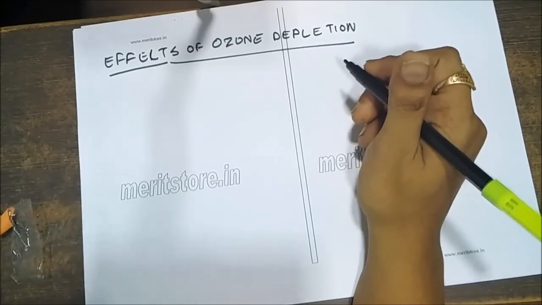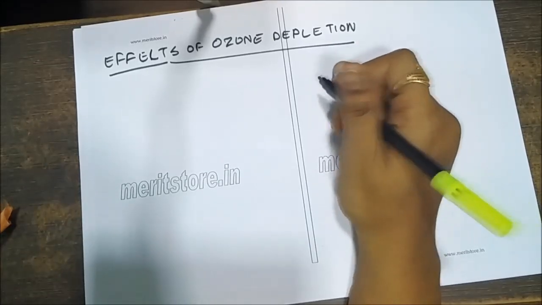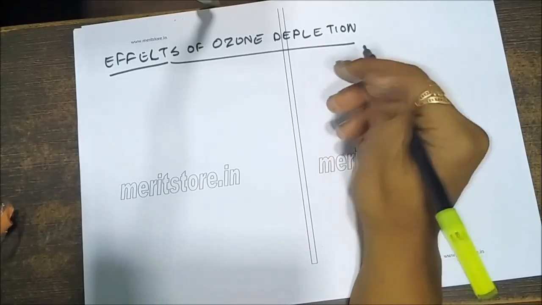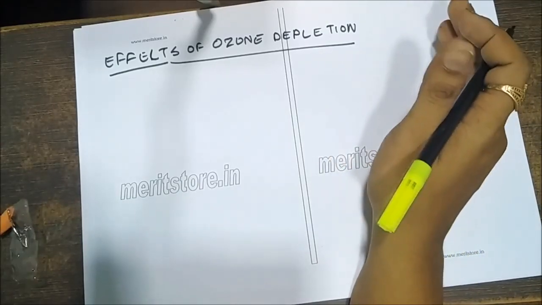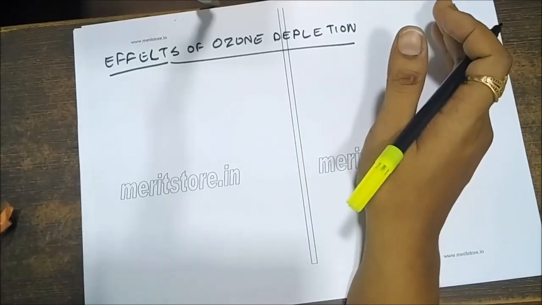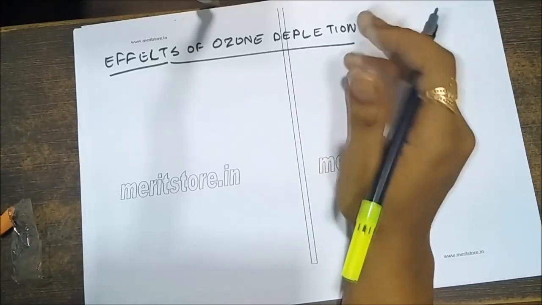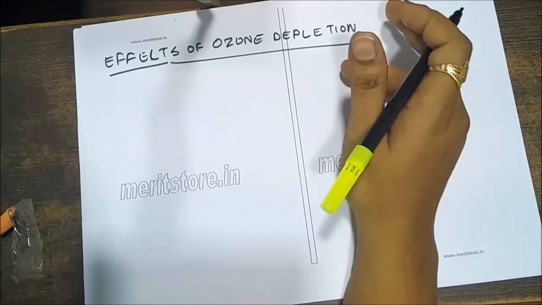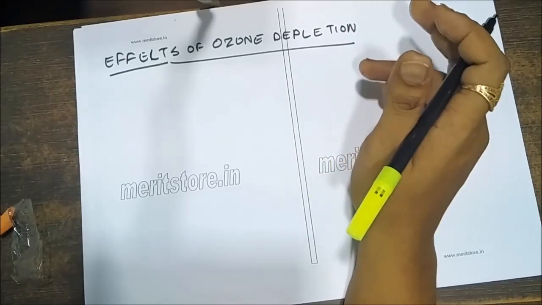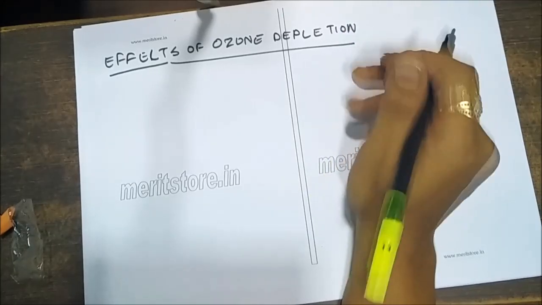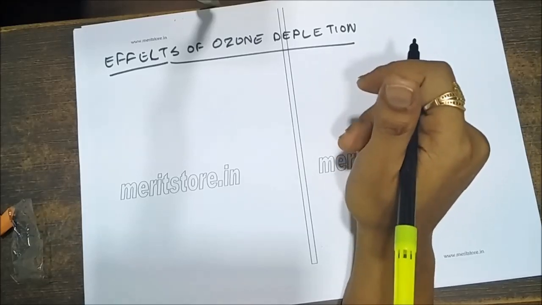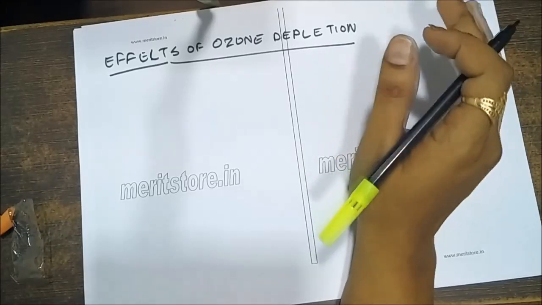Okay. And how is this depletion caused? Ozone depletion is caused when the ozone molecules collide with other atoms. And the main contributor of ozone depletion is chlorine, which is released from chlorofluorocarbons, which are used in different kinds of equipment. So these chlorofluorocarbons will release chlorine radicals, which in turn generate a chain of chlorine free radicals which cause degradation of ozone.